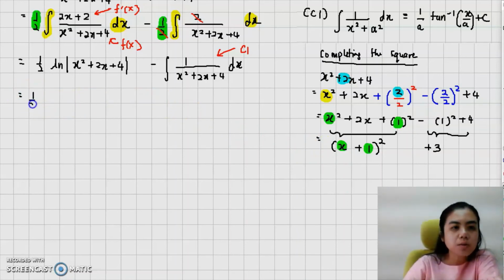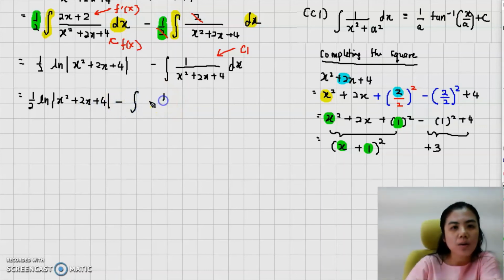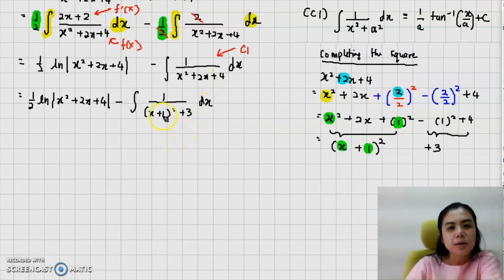Let's substitute whatever we got from completing the square into here. So we have the integration of 1 over x plus 1 squared plus 3 dx. Now, as I mentioned, I want to use the formula of C1.